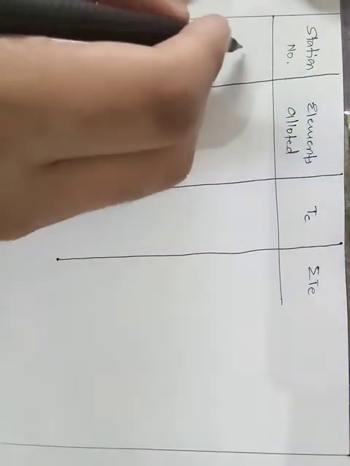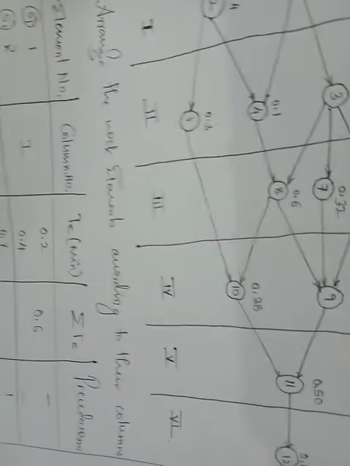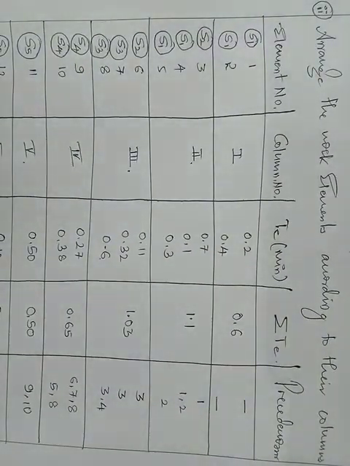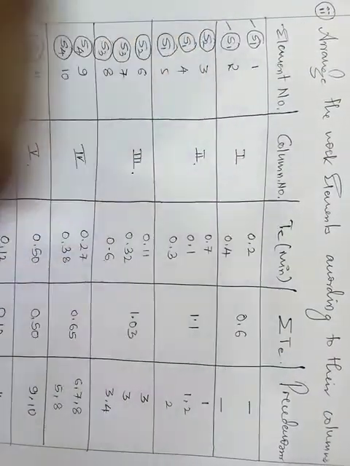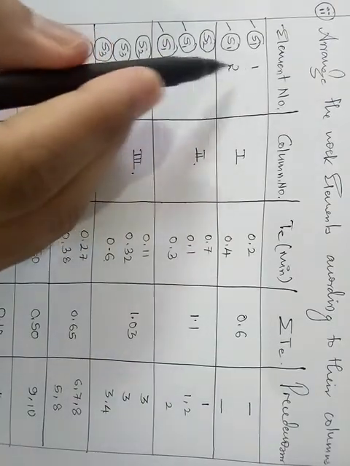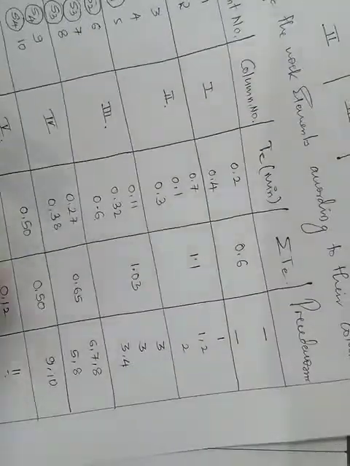First I'll start with station number 1. Now you come back to this and check wherever you have station number 1. You have station 1, station 1, station 1 and station 1. Elements 1, 2, 4 and 5 come under this category.